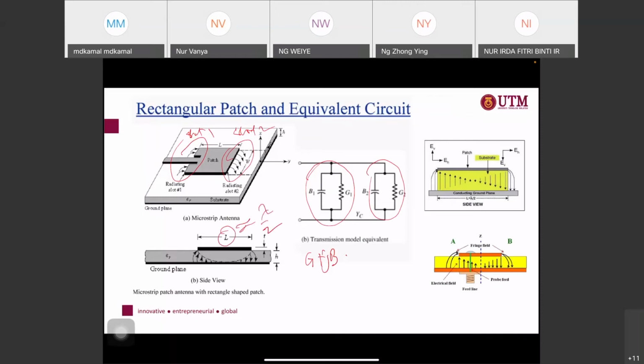What we can see here is the horizontal and vertical components of E, and then this is the fringing field from this. So you excite your field from the ground plane towards your inductor here, because the field will be moving from the patch to the ground plane, or from the ground plane to the patch.